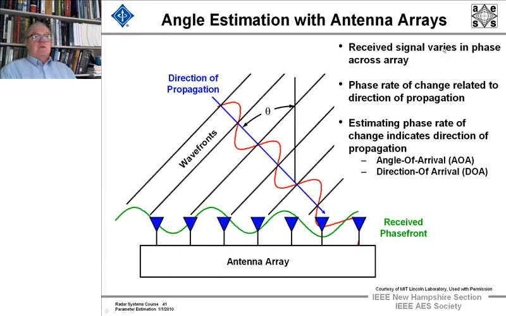The received signal varies in phase across the array when it's out at an angle, and the phase rate of change is related to the direction of propagation, and estimating the phase rate of change indicates the direction of propagation. You can measure the angle of arrival and the direction of arrival.